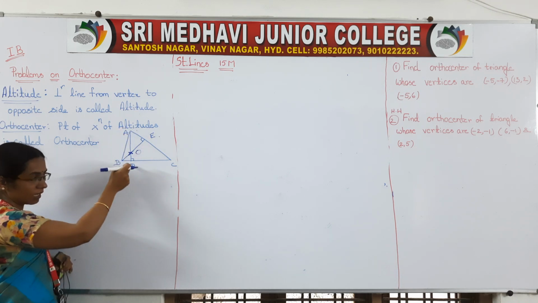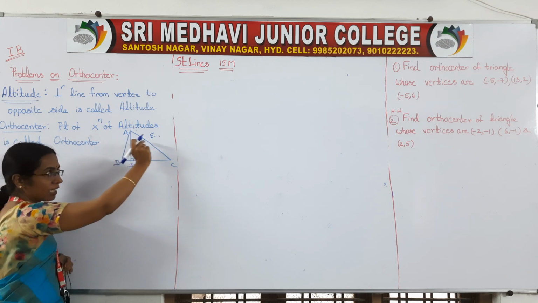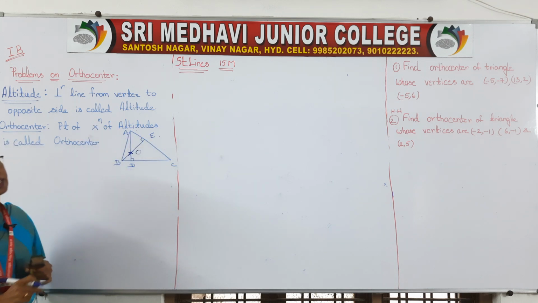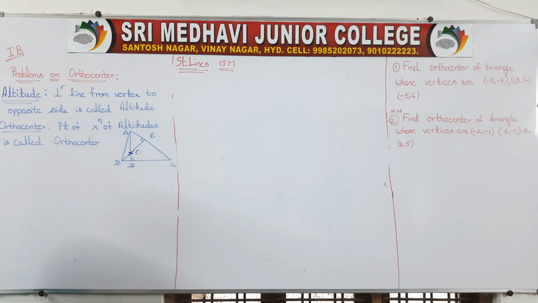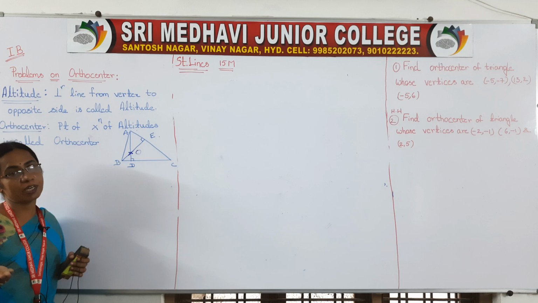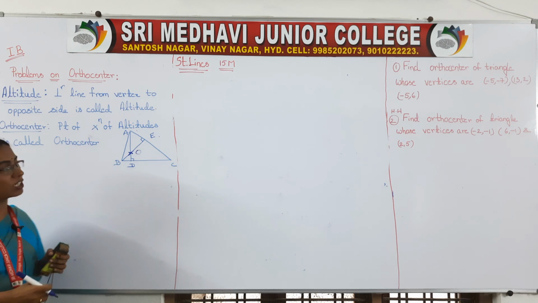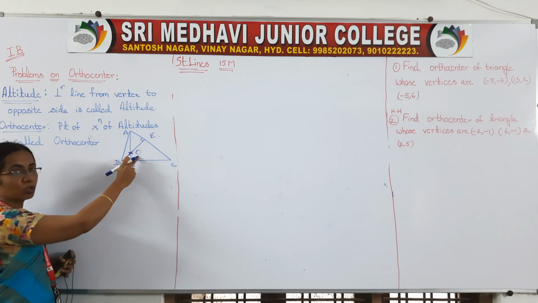So find the equation of AD, which is one altitude, and find the equation of BE, another altitude. If we know 2 line equations, by cross multiplication or by solving the equations, we can get x and y, their point of intersection. That is your orthocenter.